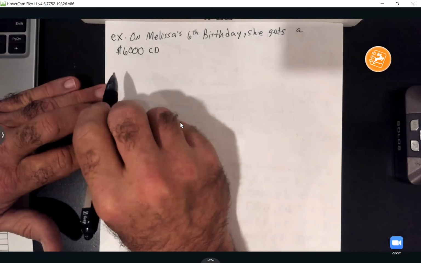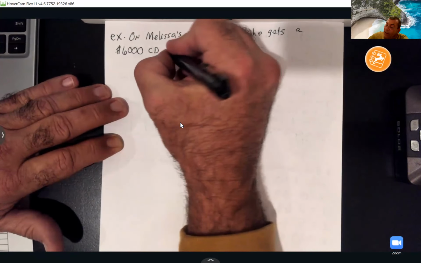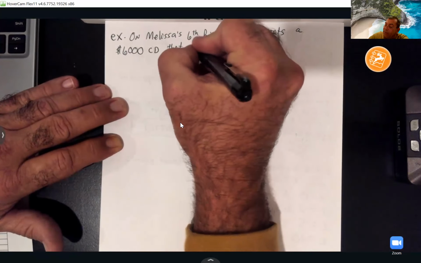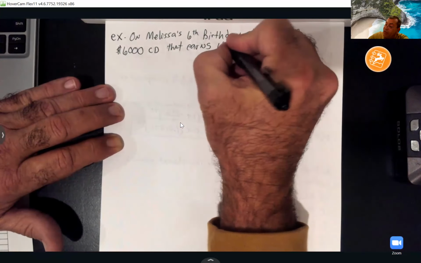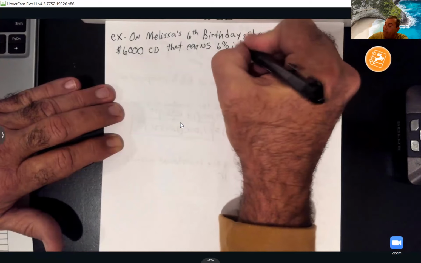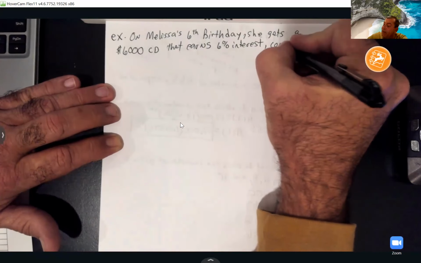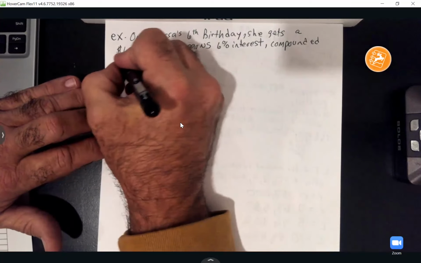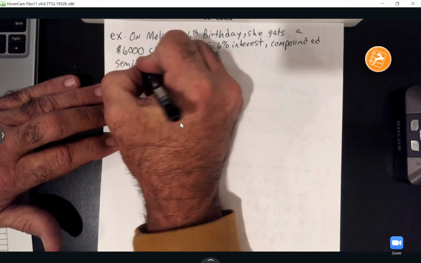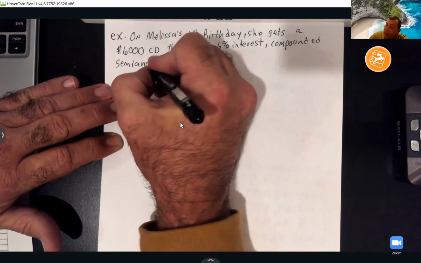A CD is like a certificate of deposit at a bank that earns 6% interest, compounded semi-annually.